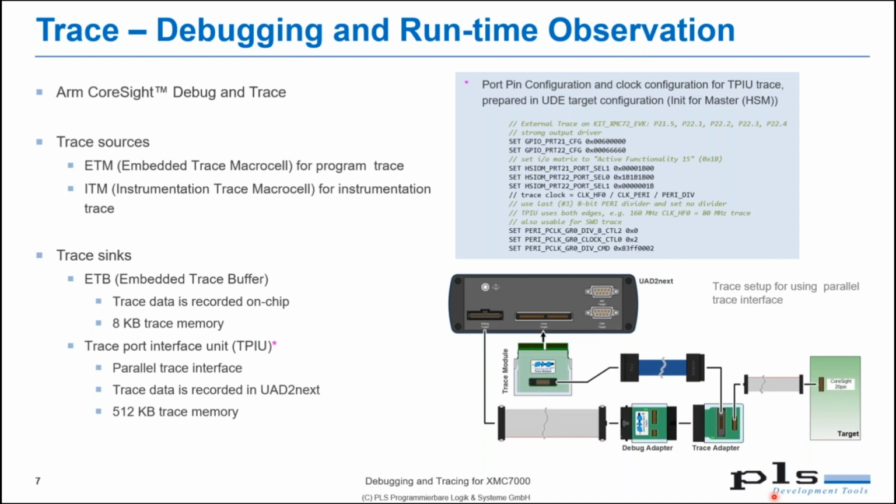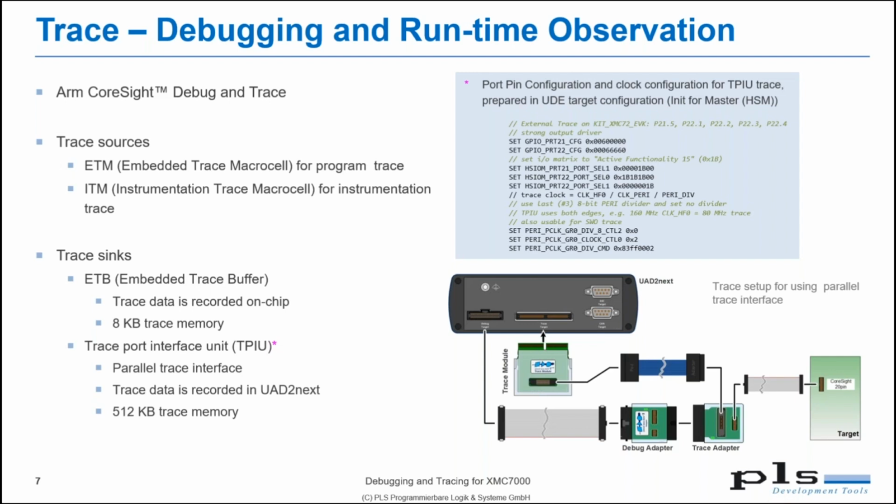However, you don't use a printf for that, which would have a lot of overhead. Instead, you can write, using a command, some application values to some dedicated stimulus ports, and these stimulus ports are then output as trace messages and can then be analyzed.